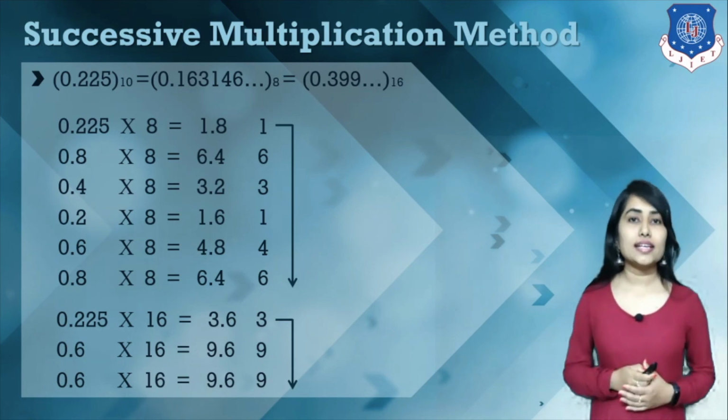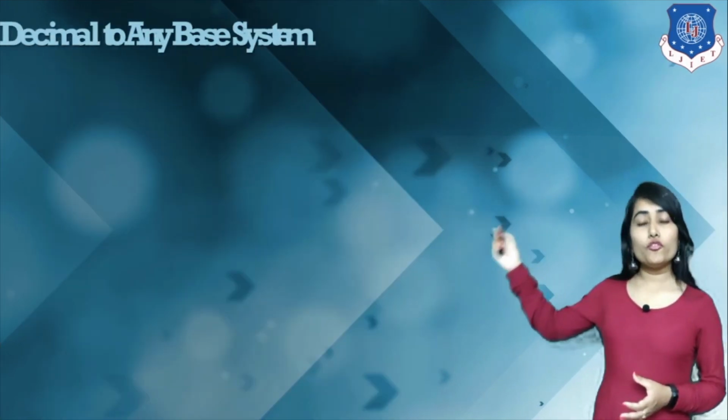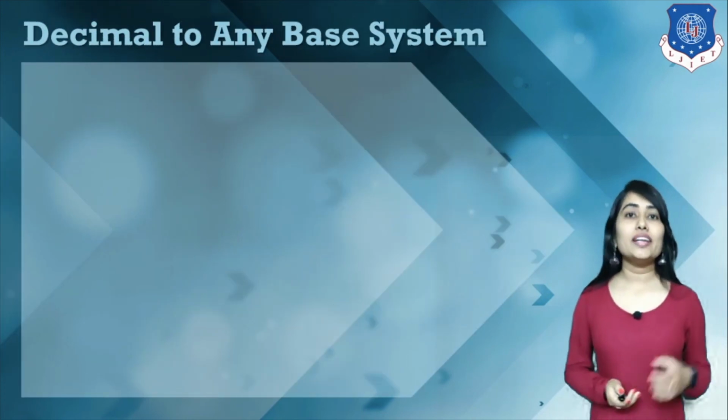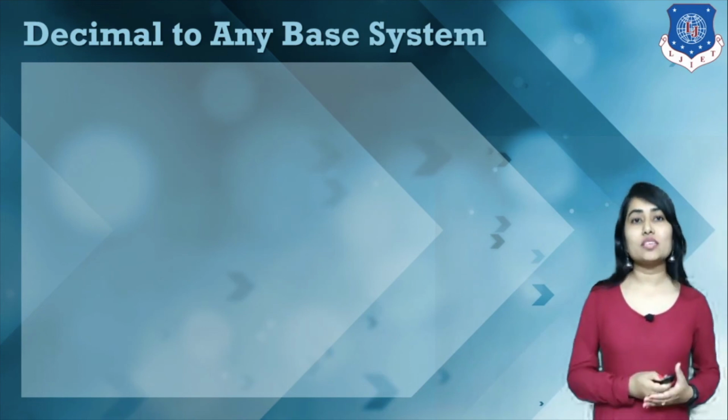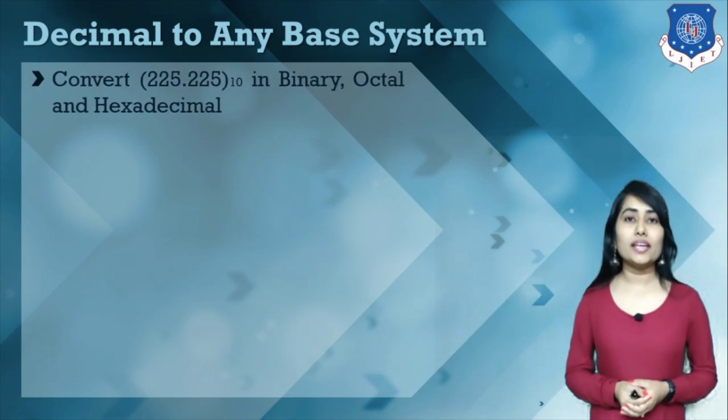Now if we have both an integer and a fractional part, how can we convert our decimal number? Simply combine these numbers.